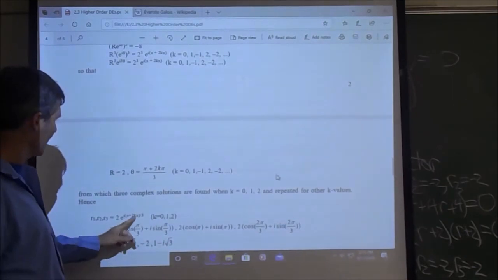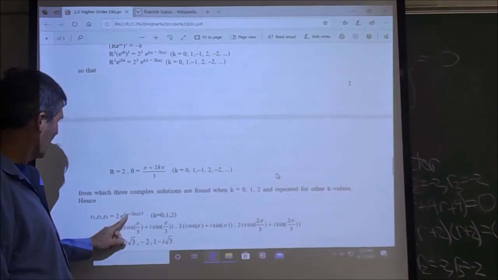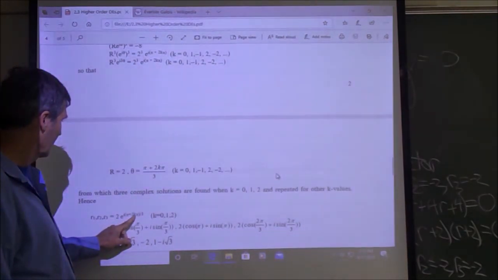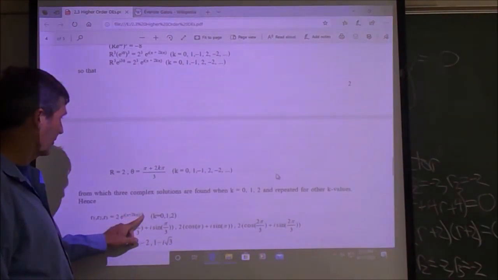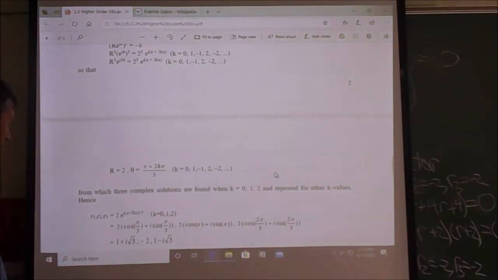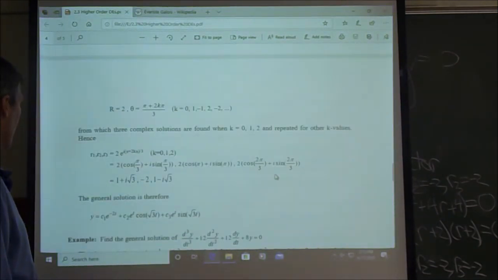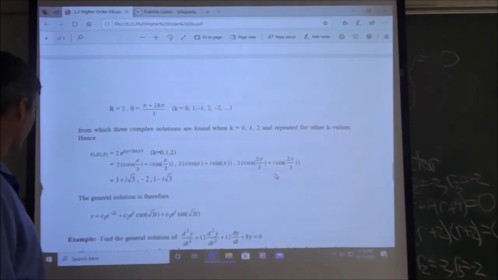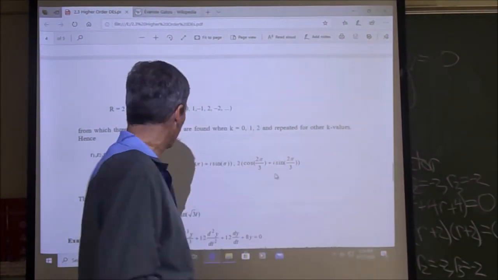And then if you put in k equals 2, you get pi plus 4 pi over 3, which is 5 pi over 3. Apparently I didn't write that one down here. But you get 2 times cosine 5 pi over 3 plus i sine 5 pi over 3.